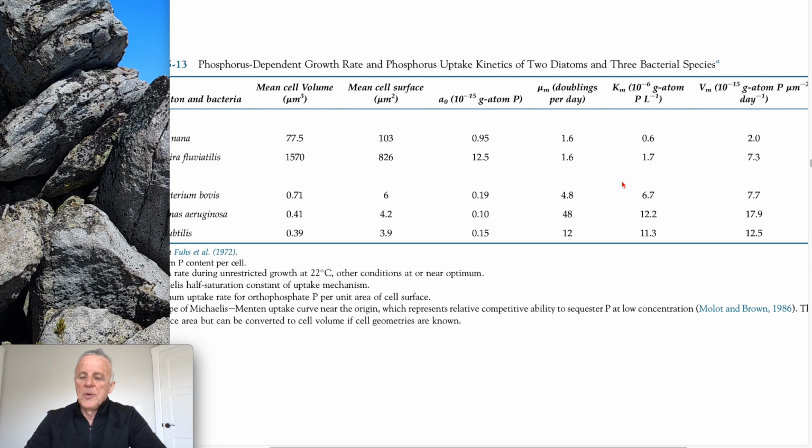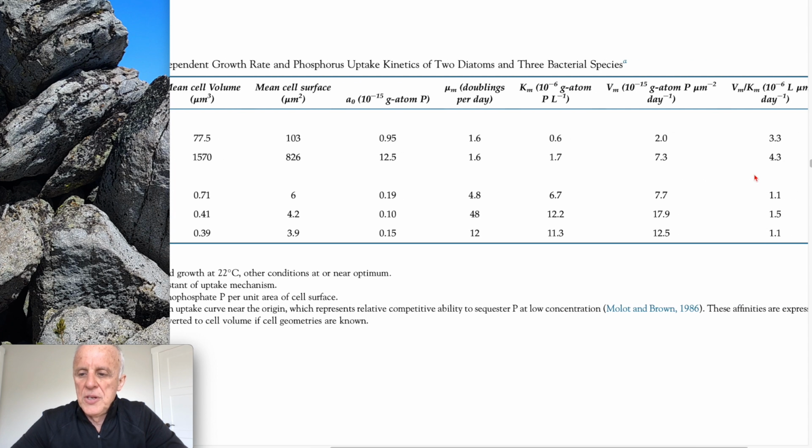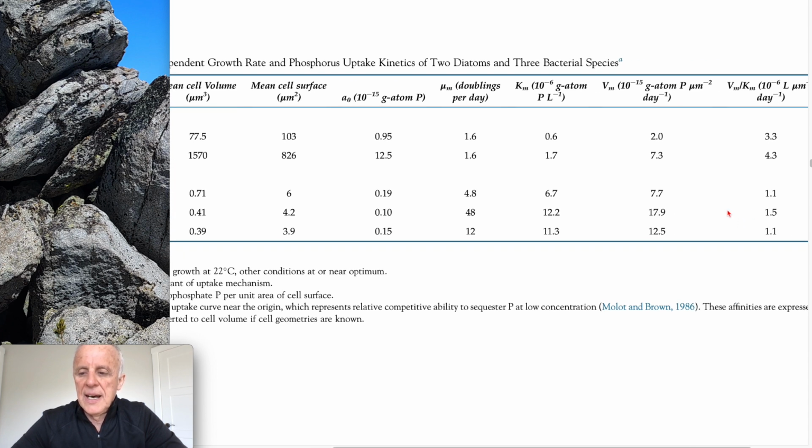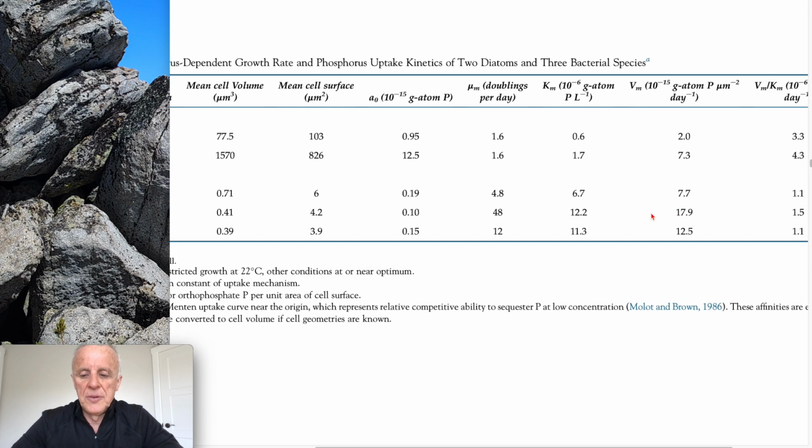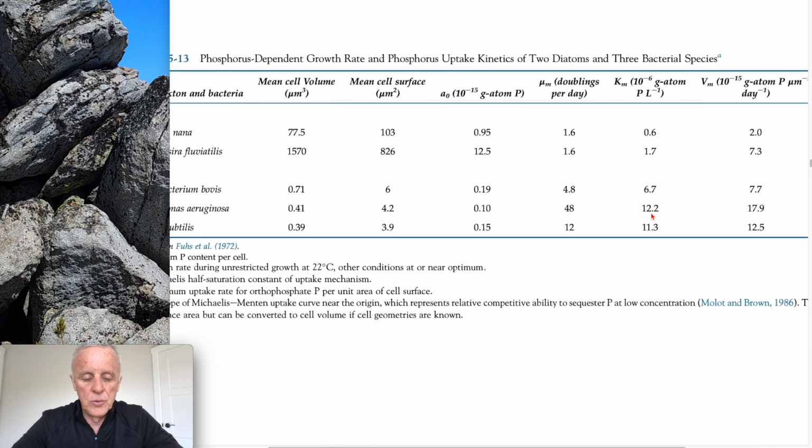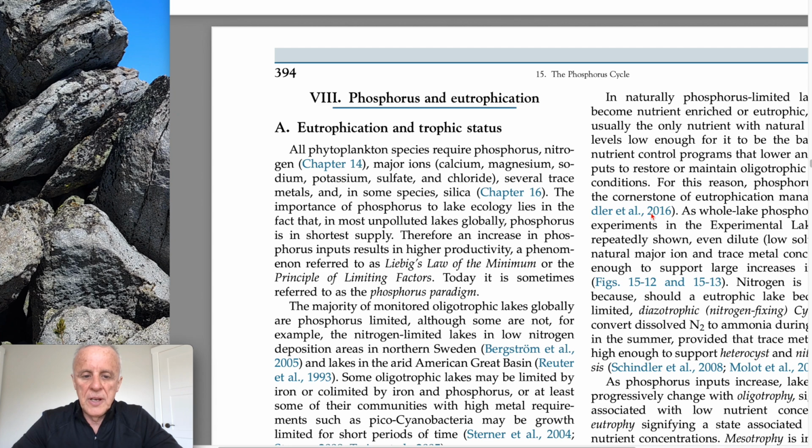So I'm assuming when that ratio is high, that means the bacteria or the diatoms are able to sequester phosphorus at those low concentrations.